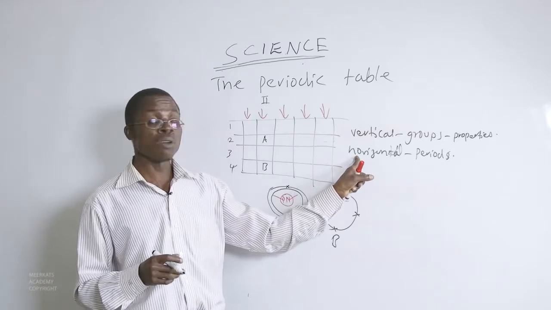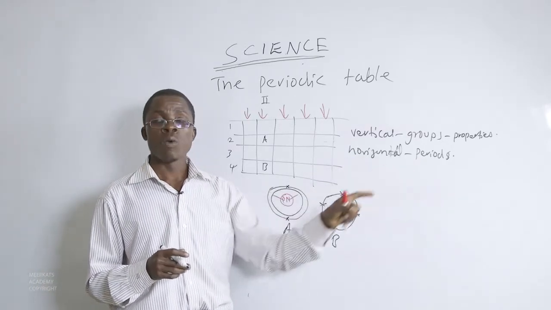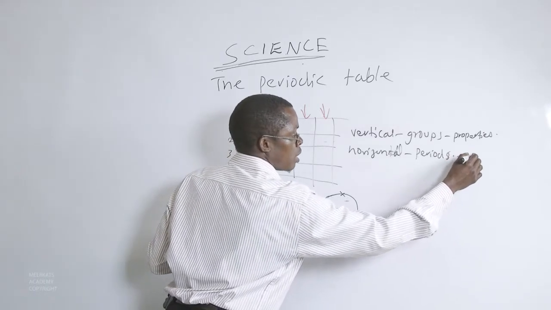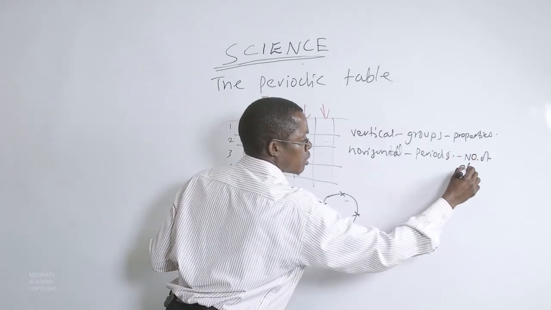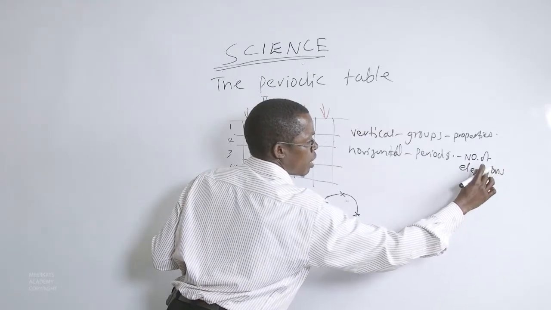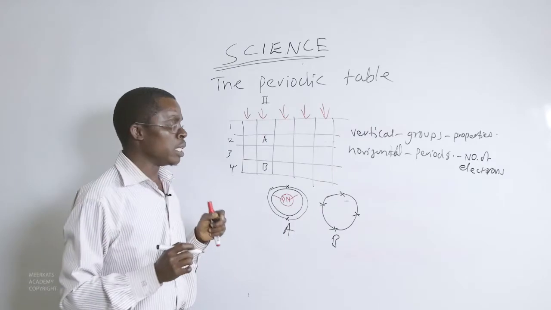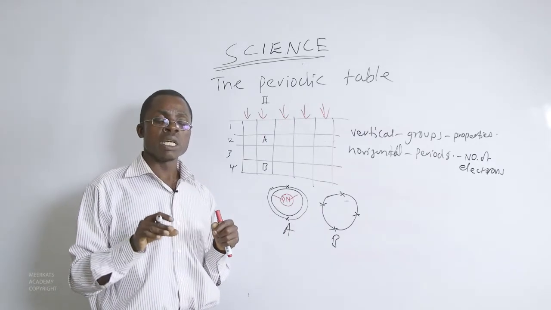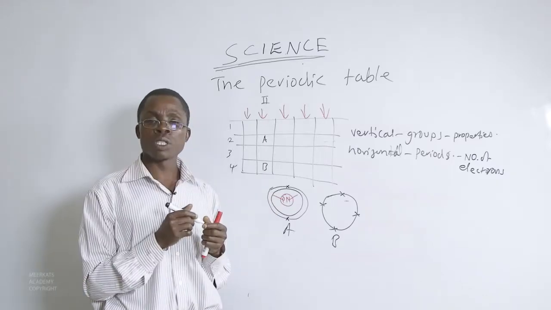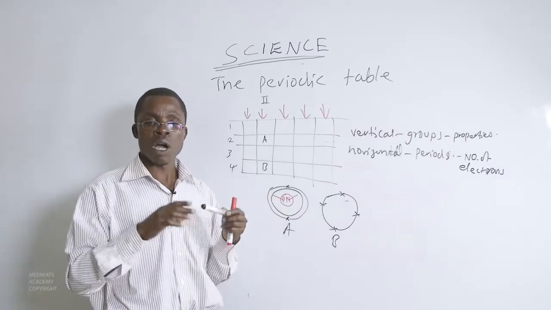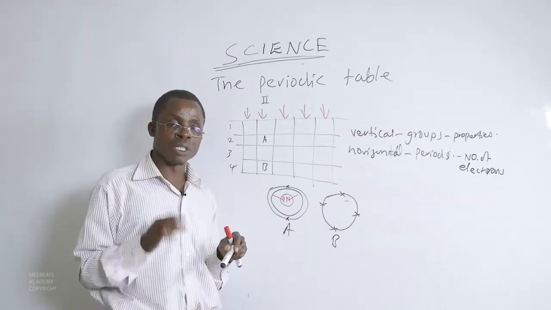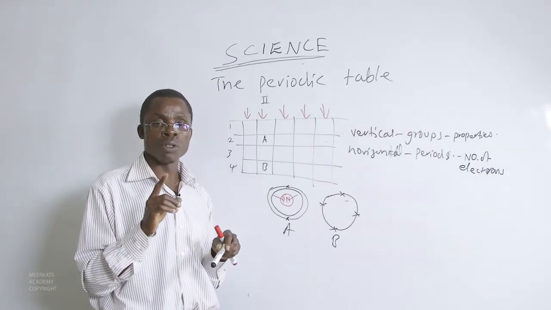Then in the horizontal, which we are calling a period, we look at the number of electrons. This number of electrons is only for the outermost orbit or outermost energy level. You don't look at the other orbits. You only look at the outermost orbit.